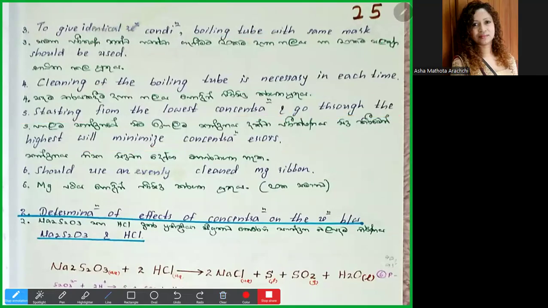Because in case the test tube was not washed enough, concentration can be changed. Last one. Should use an evenly cleaned magnesium ribbon.